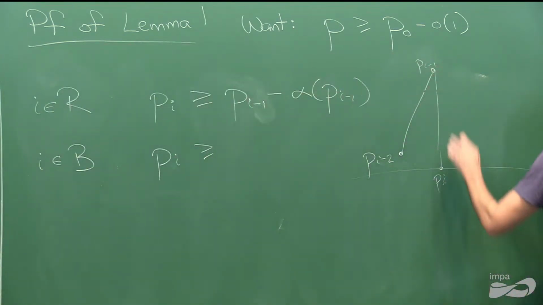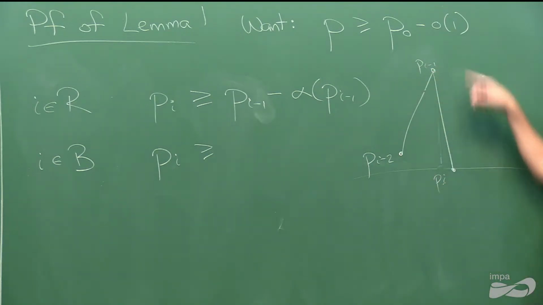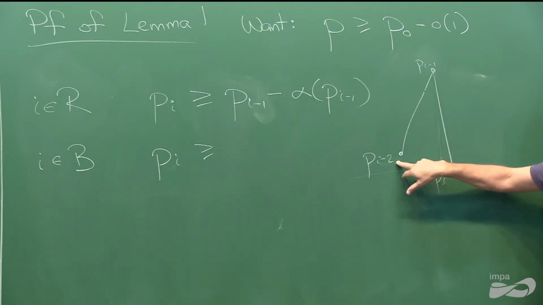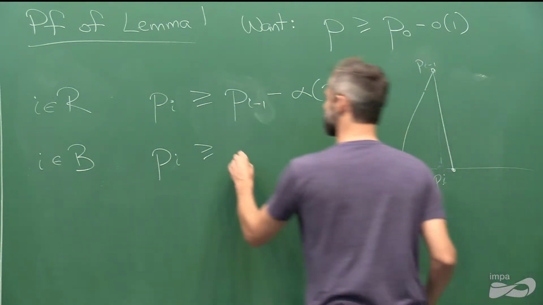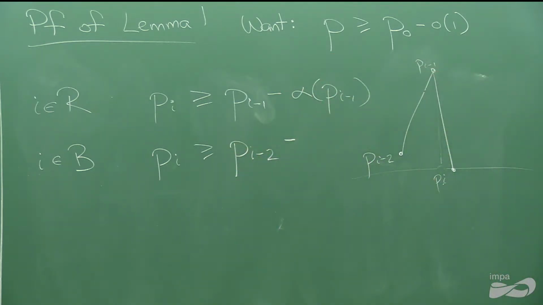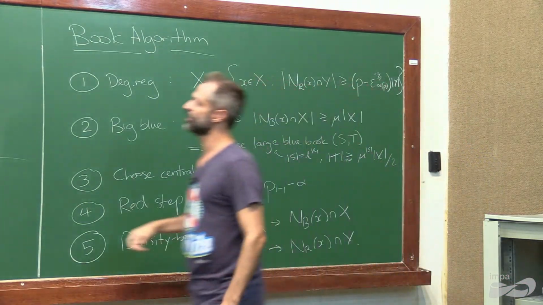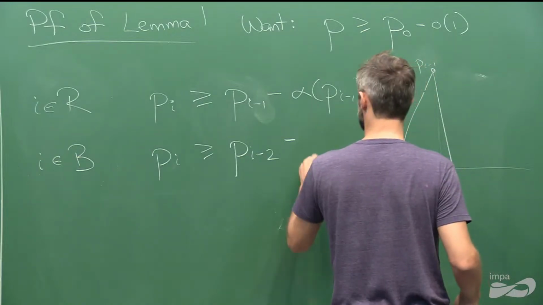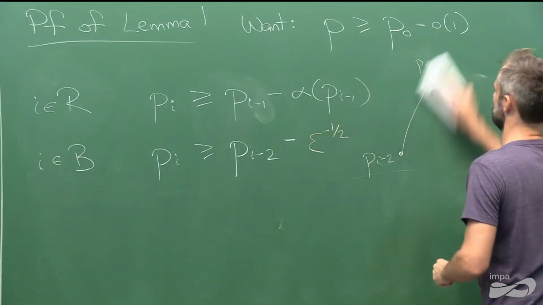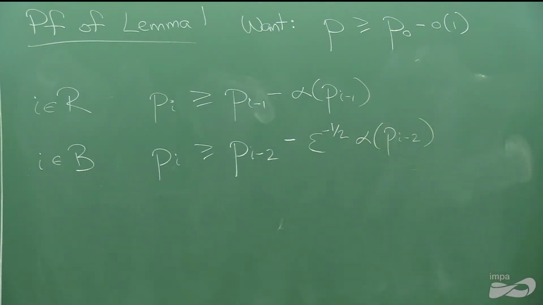So there's this slight annoyance that you might go up a lot and then down a lot. So you're not comparing with pi minus 1, you're comparing with pi minus 2. So what do we have? It's at least pi minus 2 minus epsilon to the minus a half alpha of pi minus 2.